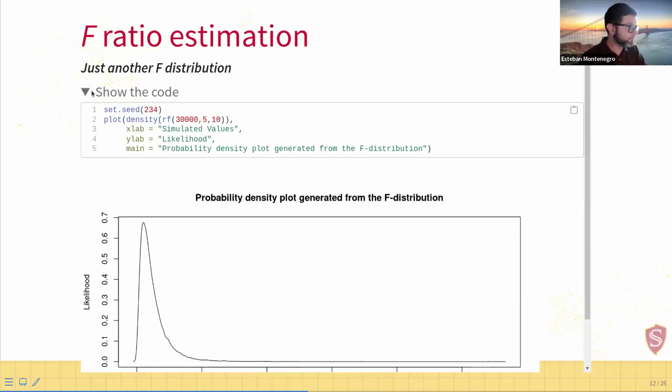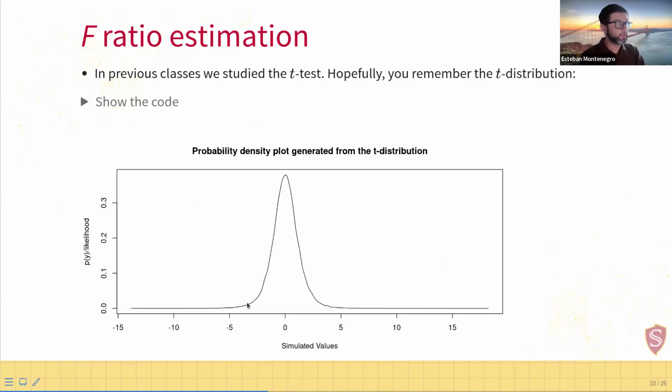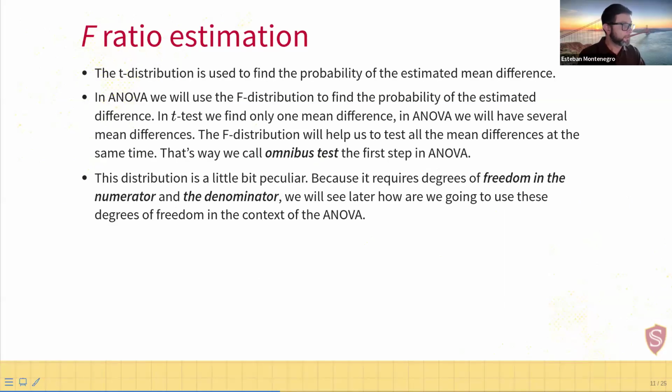So in this distribution, we will find the area under the curve. And the area under the curve will tell us the value for our p-value. The F distribution will have 2 parameters. We'll have what we call degrees of freedom, and the degrees of freedom will have a numerator and denominator.